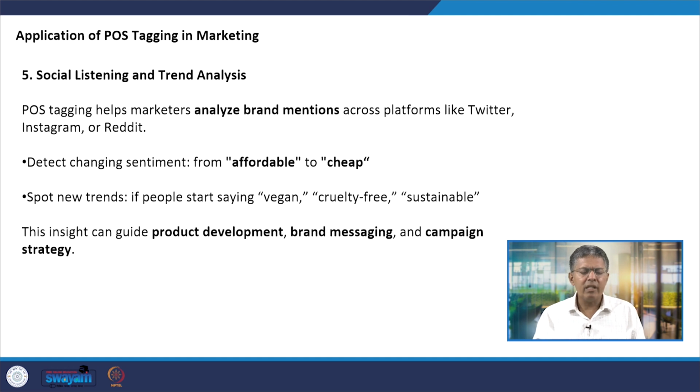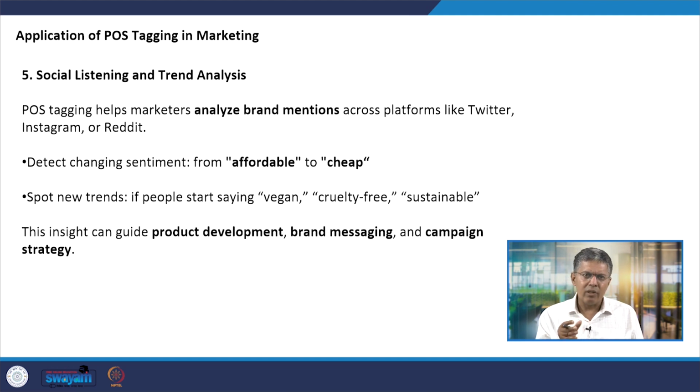Okay. Social listening and trend analysis. POS tagging helps marketers analyze brand mentions across platforms like Twitter, Instagram, Facebook, Reddit, wherever it is. It can detect changing sentiment, for example, from affordable to cheap. Something is affordable and something is cheap. If there is any changing sentiment, that will be detected by POS tagging.